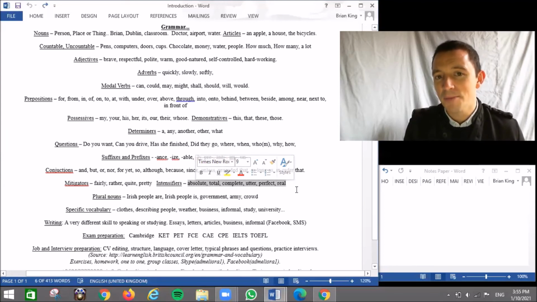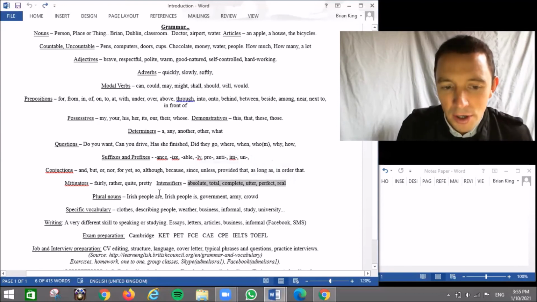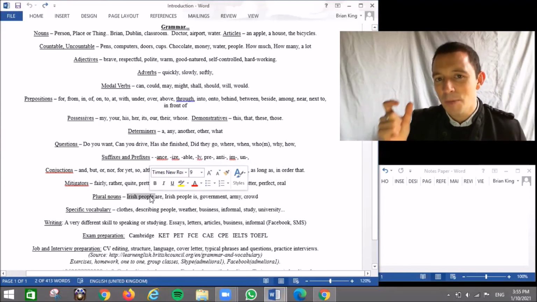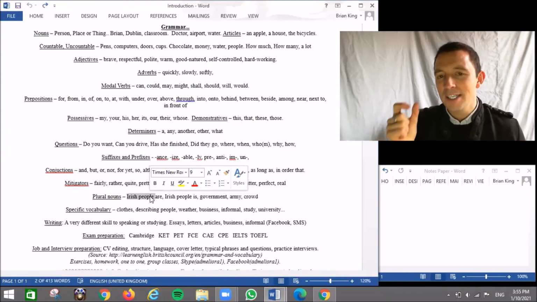adjetivo, okay? Plural nouns are very important también. In inglés, normalmente gente de irlandeses are, Irish people are. Normalmente, in my opinion, it's more fluent, it's more regular, it's more common. Irish people are. Pero en español es irlandeses es, singular, okay?